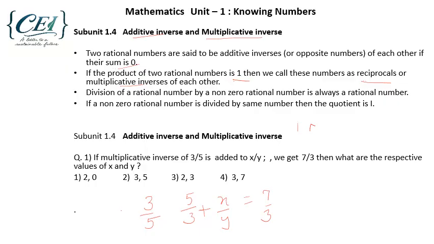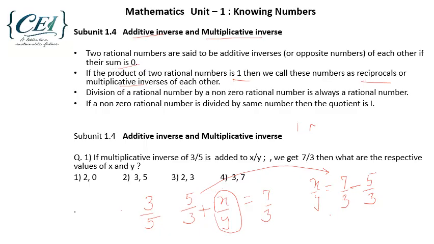So what are the respective values of x and y? We have to find the values of x and y. How will we do this? There are two methods. First, keep x by y as it is, equal to 7 by 3, and move 5 by 3 to the other side. If we move it, plus becomes minus 5 by 3.